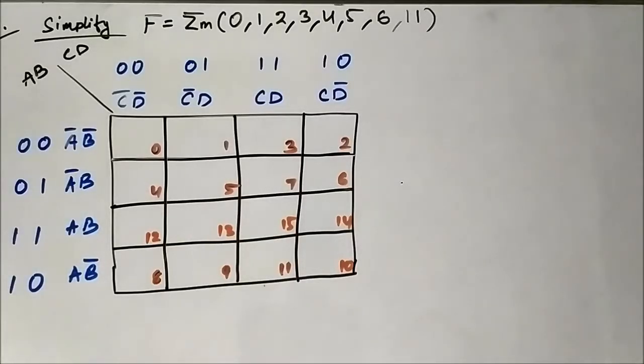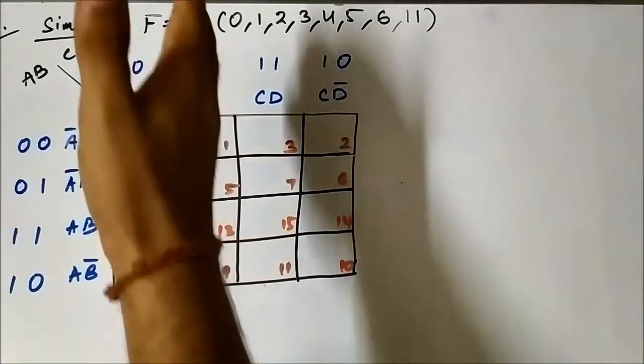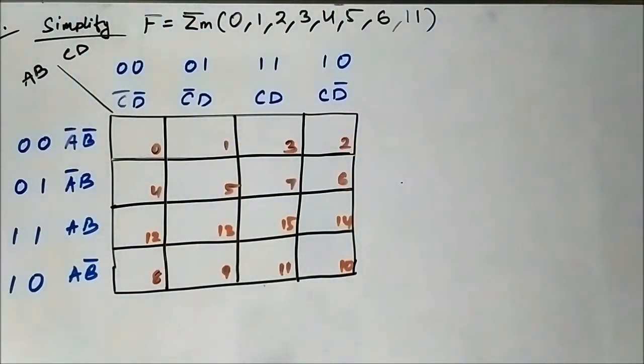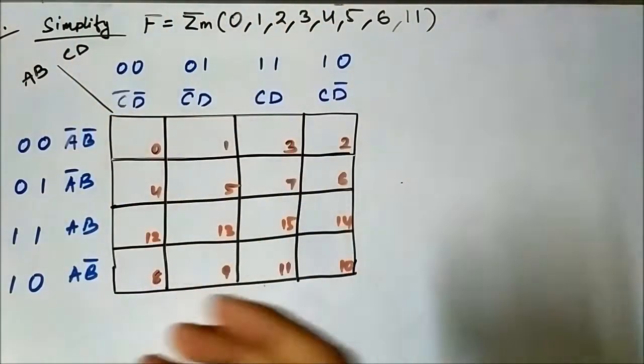So here we have the fourth question of SOP 4 variable K-map simplification. We have this given Boolean expression in terms of min terms. So you know what min terms represent.